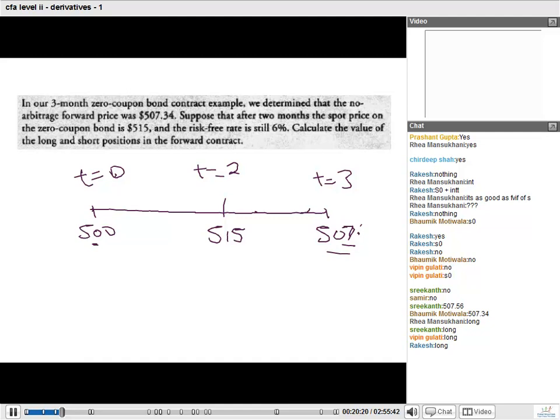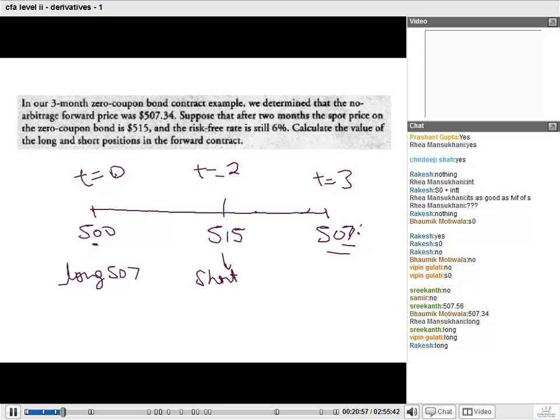Now, but how much is he winning by, or what is the cash flow or the value realized if he chooses to exit the contract right now? If he chooses to exit the contract right now, at t equal to 0, he is long at the price of 507. At t equal to 2, he can short the contract at the fair forward price right now.